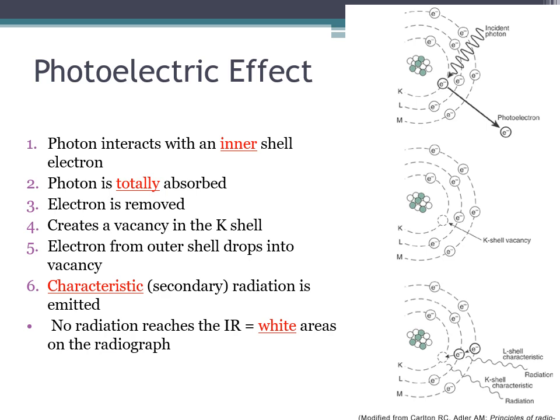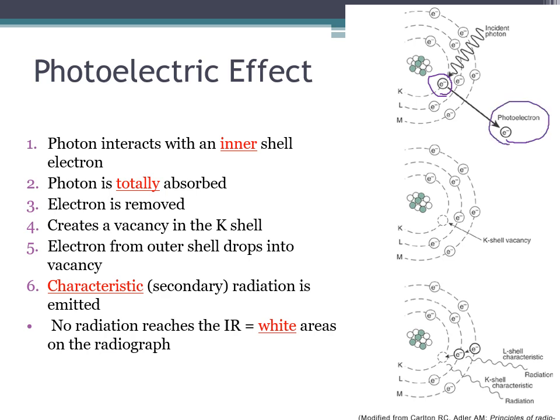In the photoelectric interaction, we're going to interact with an inner shell electron. In this case, the photon is totally absorbed, so it's completely gone. The electron is removed, which is ionization, and that electron is called a photoelectron. So photoelectric, photoelectron.